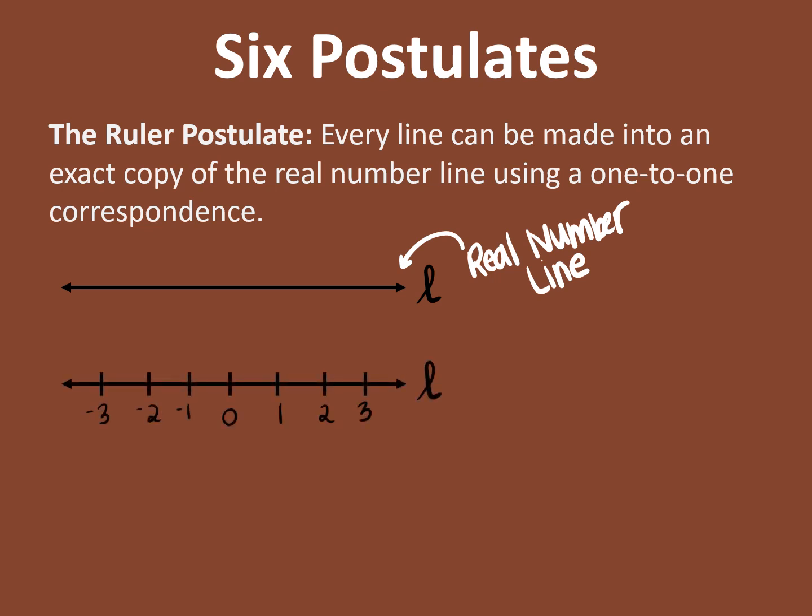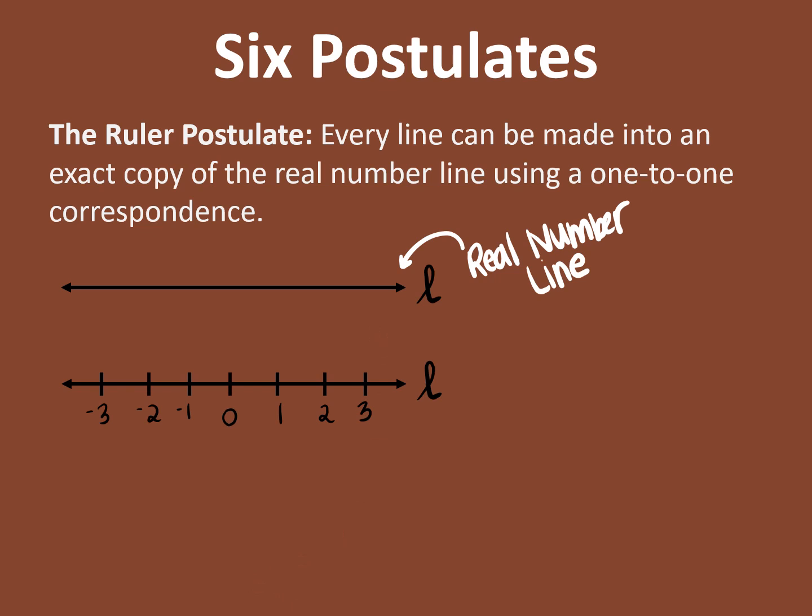We can draw a second line. It's just an exact copy of the first line L. And here we're going to label some of the points on the line. You can see I've labeled from -3 to 3, and here I'm only labeling the integers. Each of these points on the number line is called a coordinate.